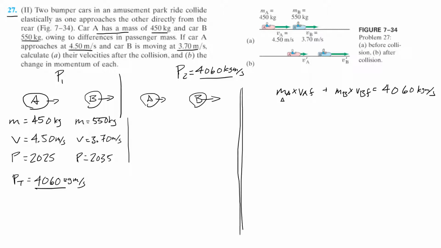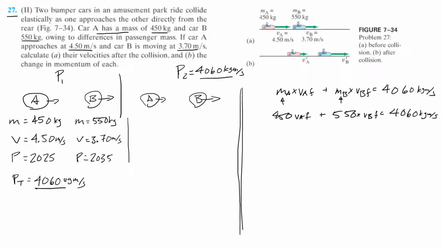We do know these values, so we could plug those in. 450 times VA final plus 550 times VB final is equal to 4060 kilogram meters per second.